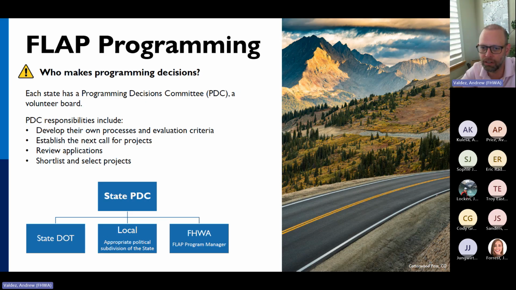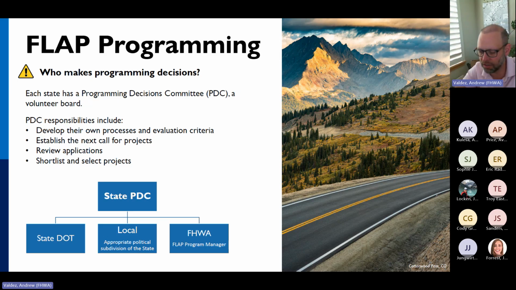Now, what you don't see here in the PDC is FLMA representation. Each state has an FLMA technical advisory group, or TAG. These are typically FLMA reps from regional or national levels, and they advise the PDC, but they don't participate in the actual programming decisions.